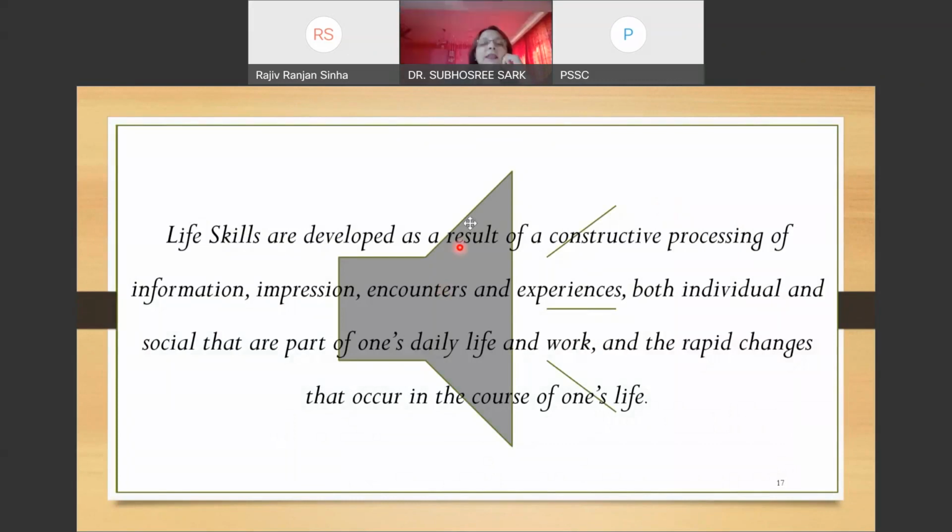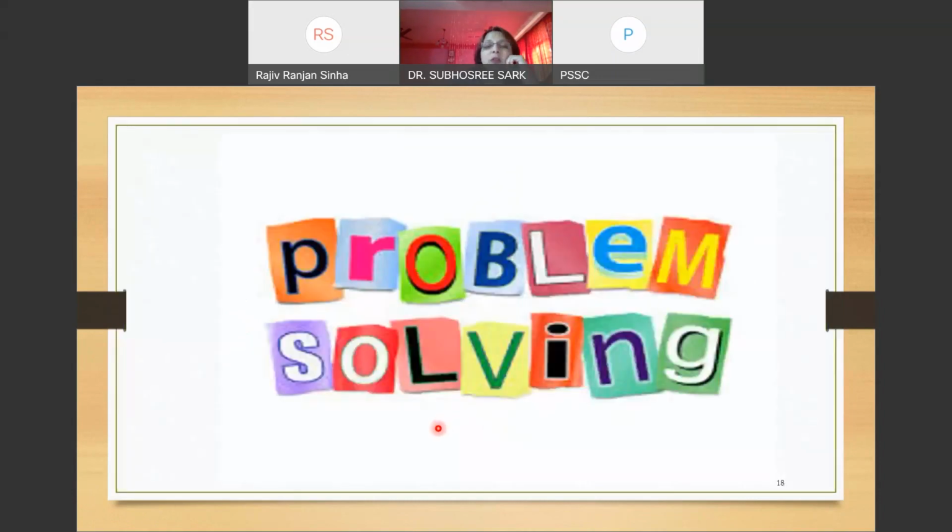This is what this slide says. It says that life skills are developed as a result of constructive processing of information, impression, encounters, and experiences, both individual and social, that are part of one's daily life, and rapid changes that occur in the course of one's life. So, problem solving. What is problem solving?